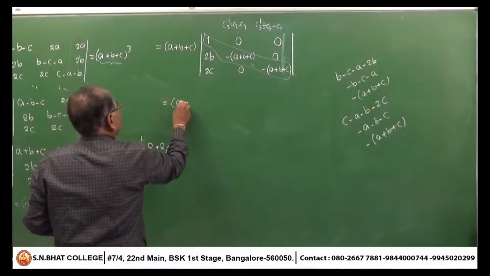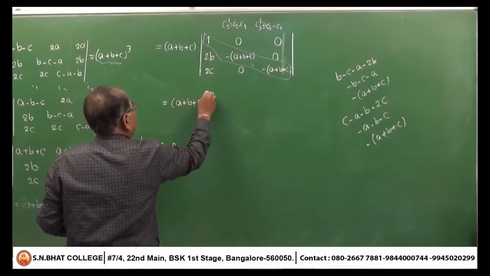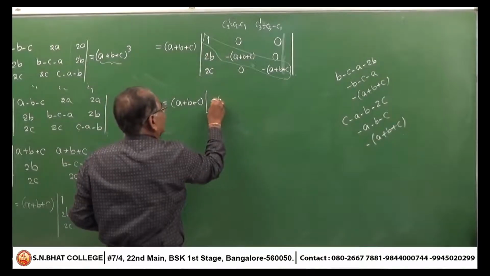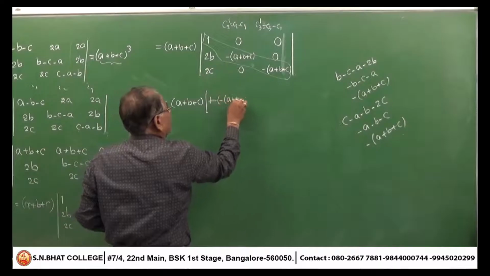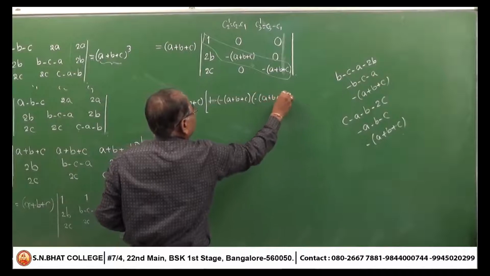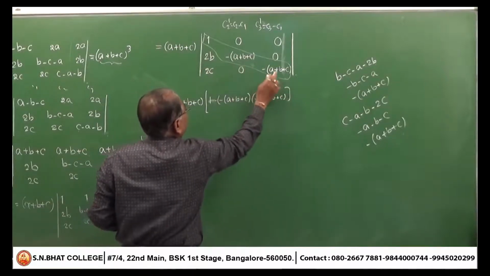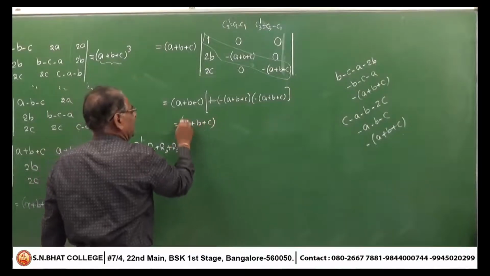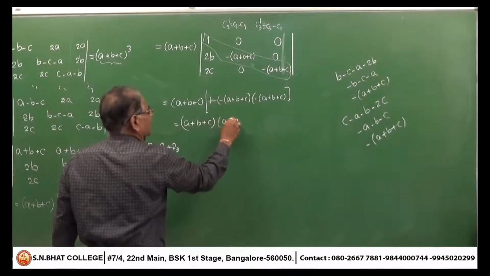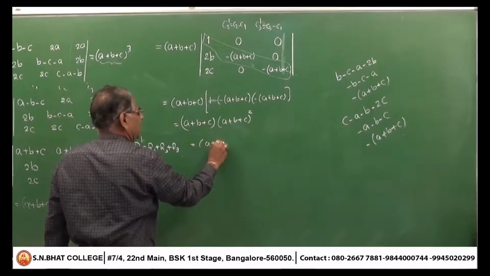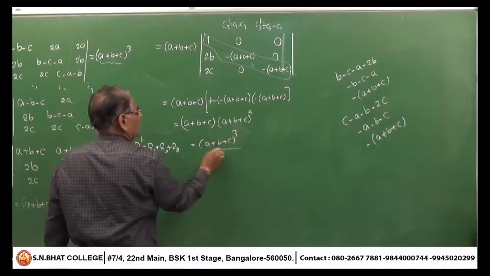This becomes a plus b plus c, common factor already there, times 1 into minus of a plus b plus c into minus of a plus b plus c. This is a plus b plus c into minus times minus, a plus b plus c whole square. This is nothing but a plus b plus c whole cube.